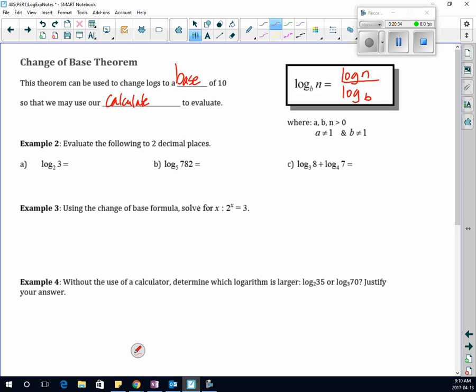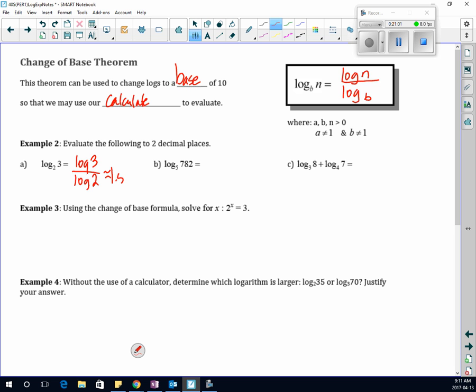So how would I change log of 3 base 2? That would be log 3 divided by log 2. Yes? And what do we get as the decimal answer? We just type in log 3 divided by log 2.